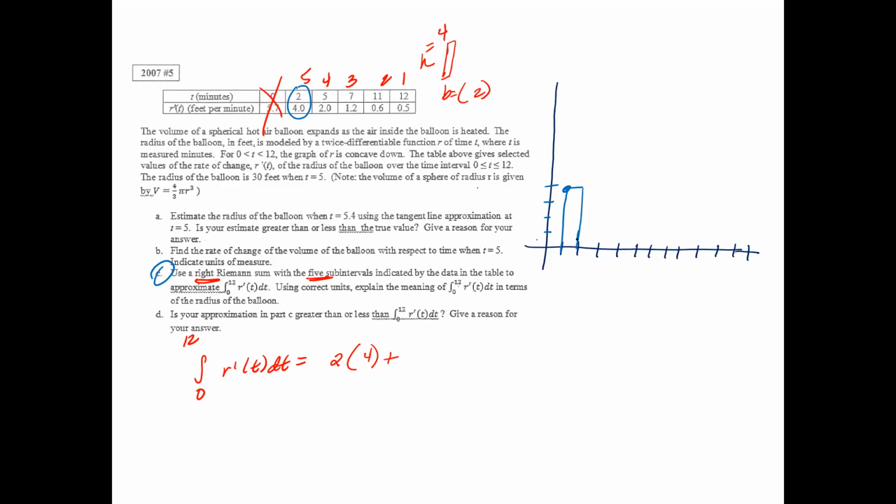And then from there, when my interval here is at 3, 1, 2, 3, my right Riemann sum is going to be at 2. Next, when my interval is at 2, 1, 2, my right Riemann sum is going to be at 1.2.